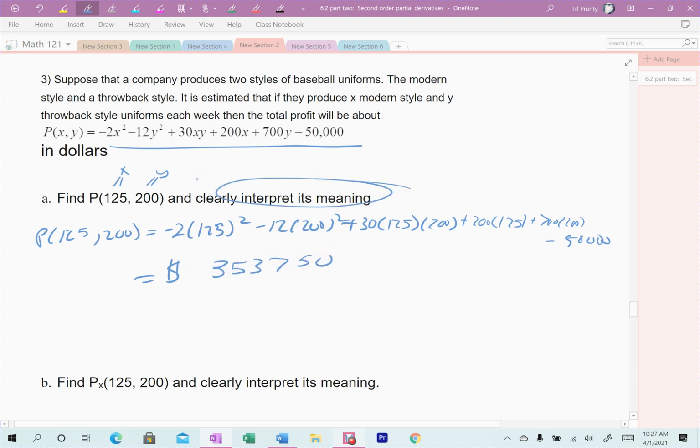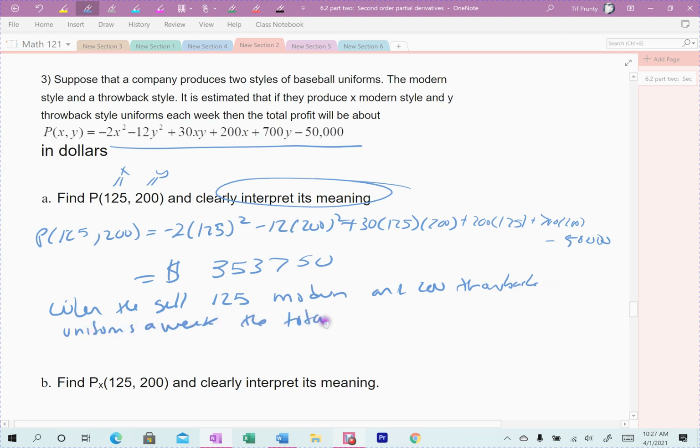Alright, so again, interpret its meaning. You plug it in the calculator. When they sell 125, and I'm assuming this is averages, sell 125 modern (X is modern) and 200 throwback uniforms a week, the total profit, it's weekly, yes, total profit is 353,750.